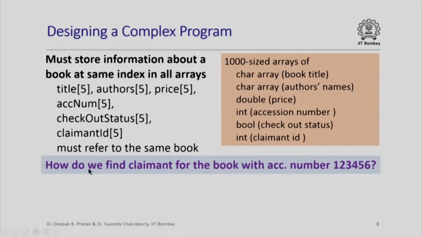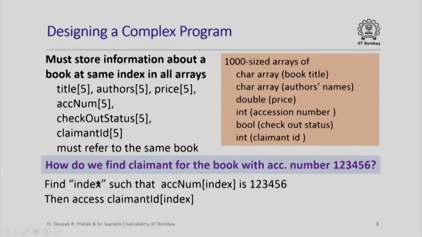Now suppose somebody asks what is the unique ID of the claimant for the book with accession number 123456. Now note that the claimant information is stored in one array, the accession number is stored in another array. So how would we go about answering this question?